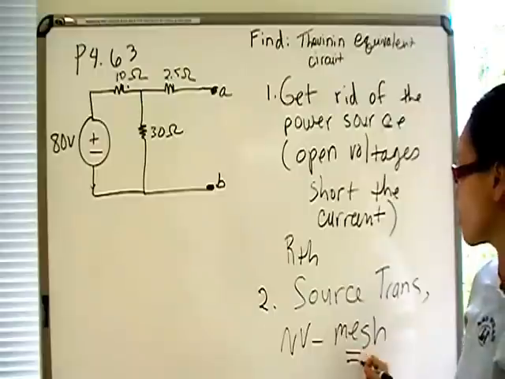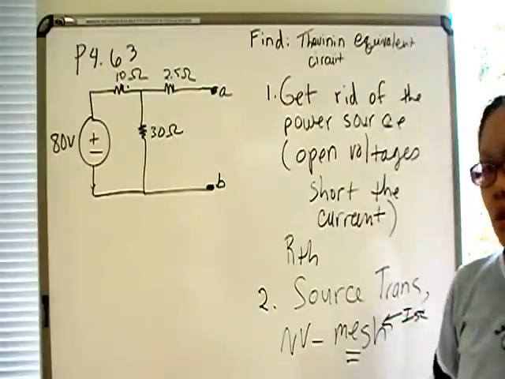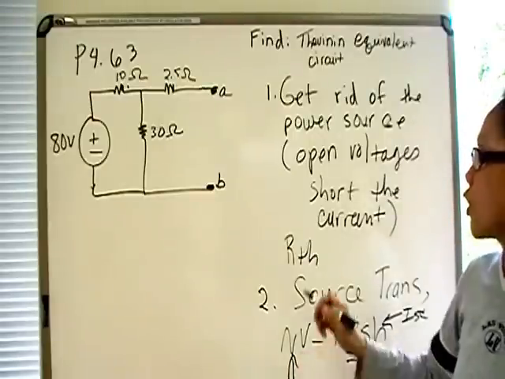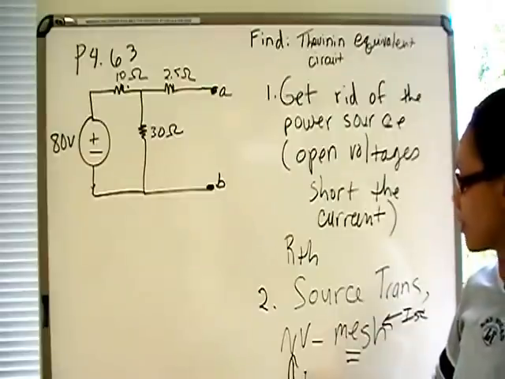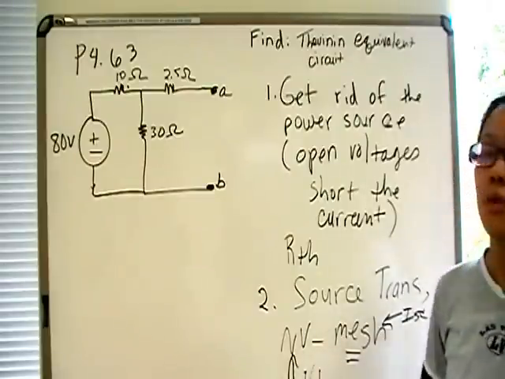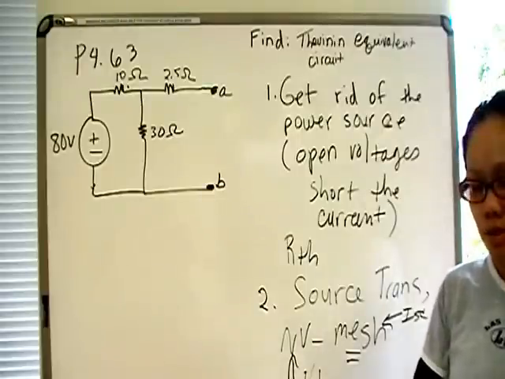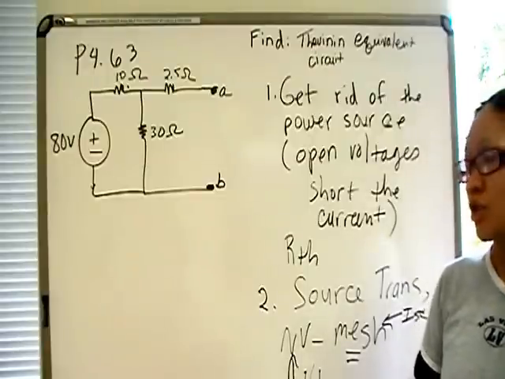Your mesh you're going to tend to use for finding I short circuit for Norton equivalent circuits, and your bread and butter pretty much for finding your Thevenin voltage, your V-Thevenin, is going to be node voltage. But you can also always, if the circuit has dependent sources, you can also of course use superposition if you have multiple voltage sources.